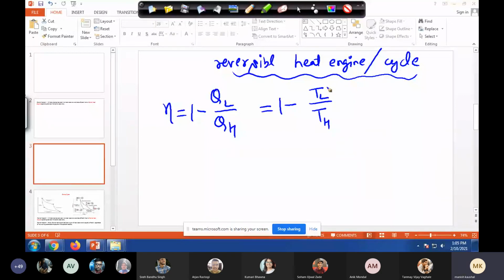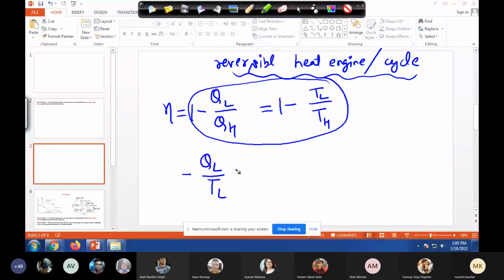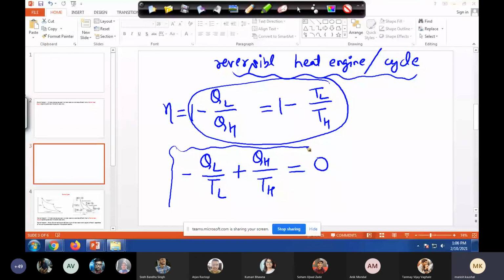If we take these two expressions, we will get QL by TL plus QH by TH is equal to 0. This is for a reversible heat engine.